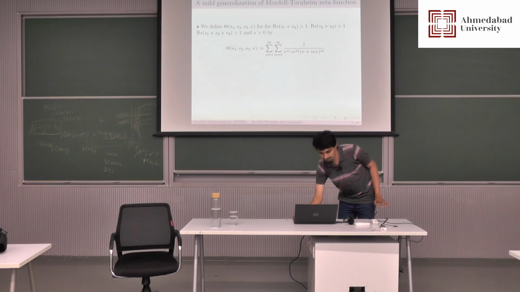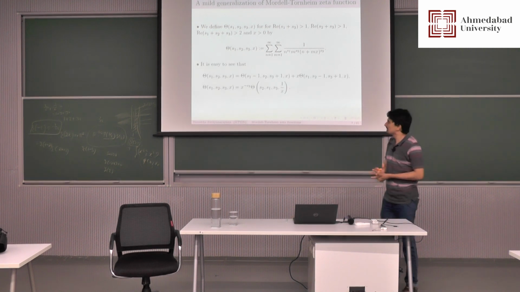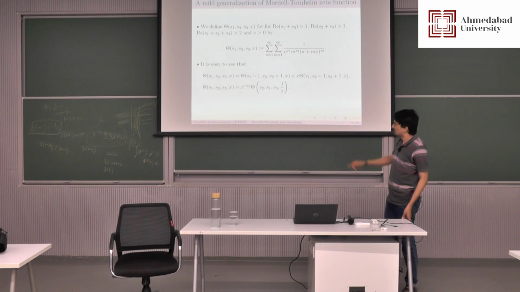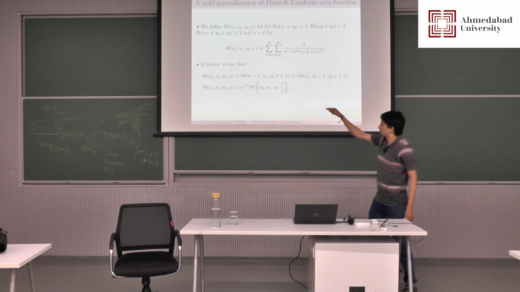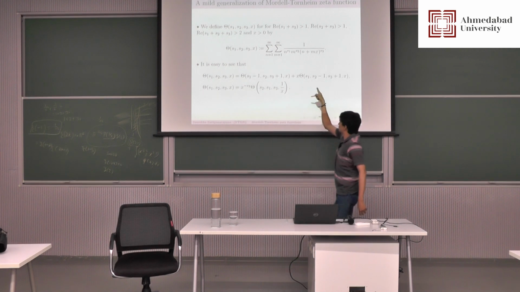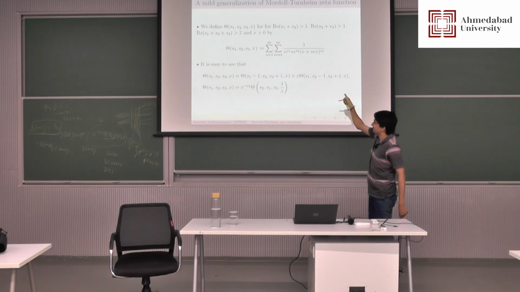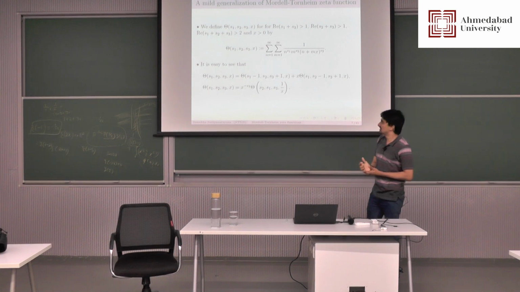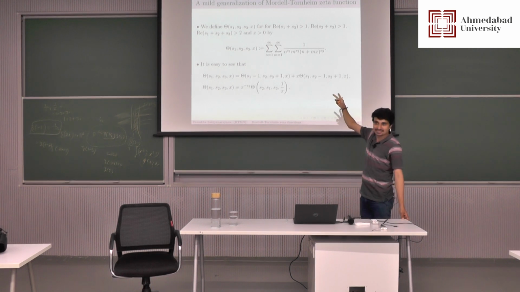Let me explain it later. But this will satisfy this kind of functional equation. If you can see here, s1 minus 1, s2 minus 1 are reduced, but s3 is increased.